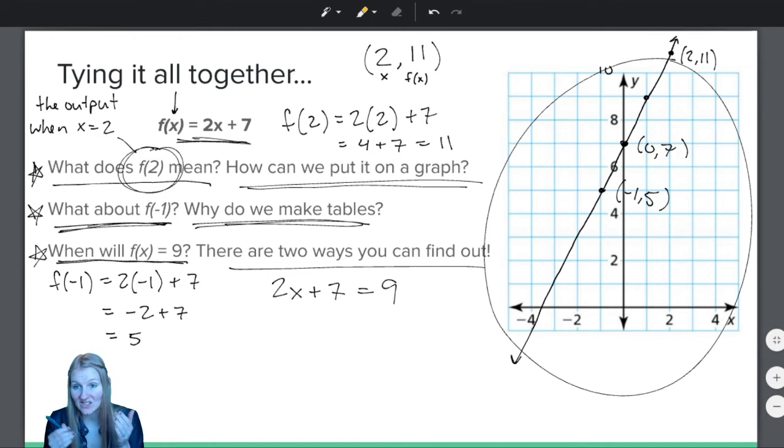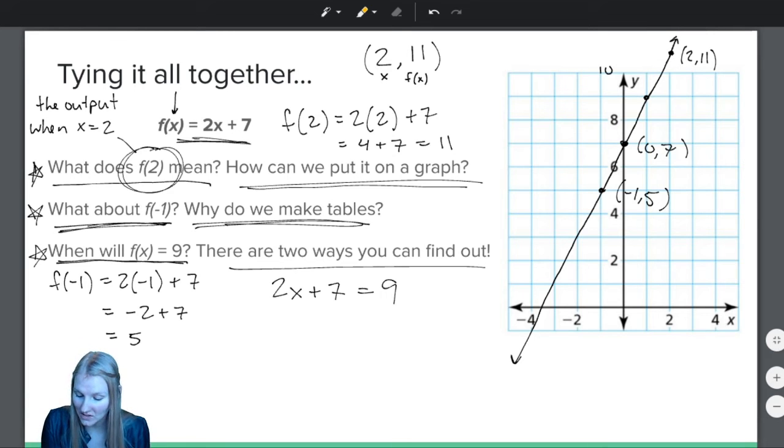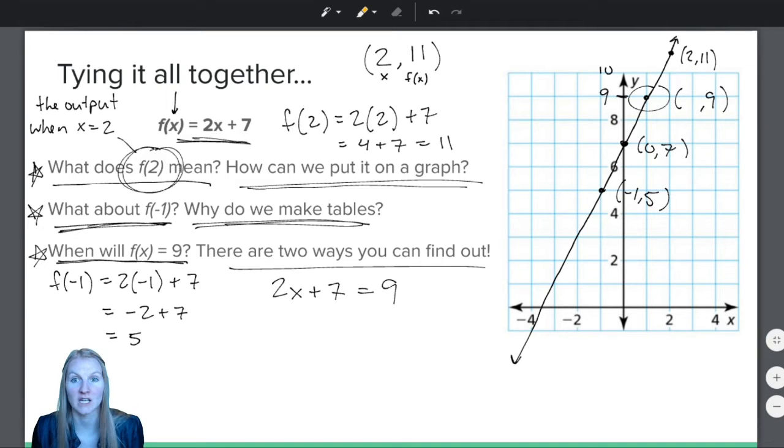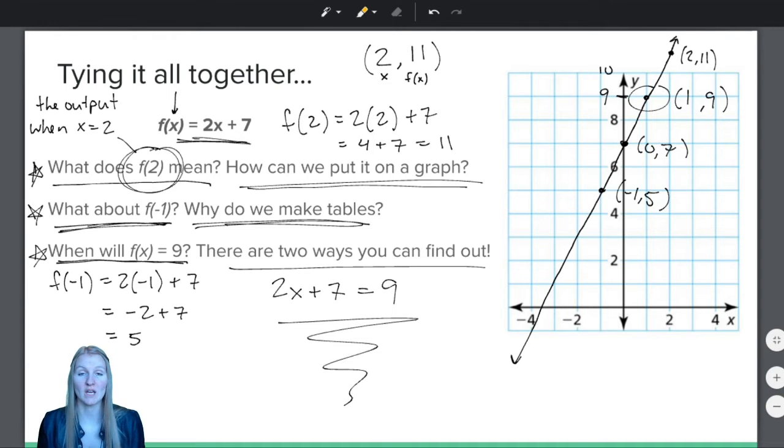F of x is the output, which means it's like the y, right? So when is the y value 9? Well, right here, this is the point where the y value is 9. What is the x-coordinate of that point? 1. So if I solve this equation for x, I should get 1.